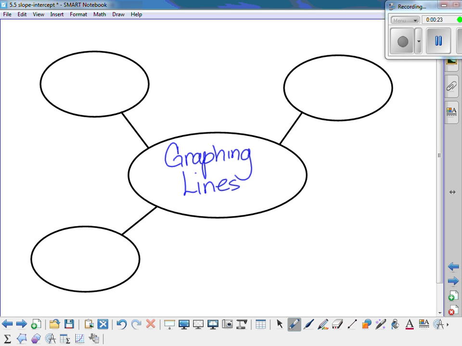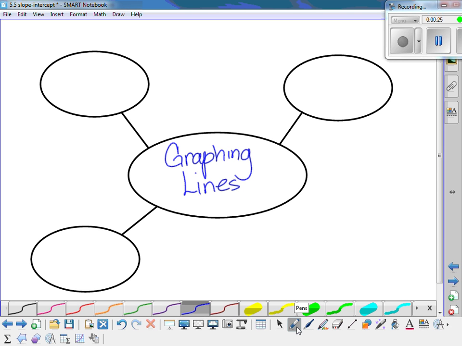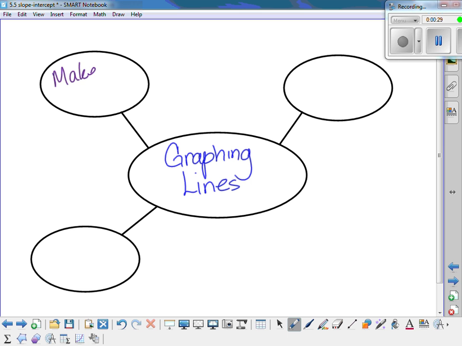The first way that we learned to graph lines was by making a table. And that was when we made our XY table, and we usually plugged in -2, -1, 0, 1, and 2.